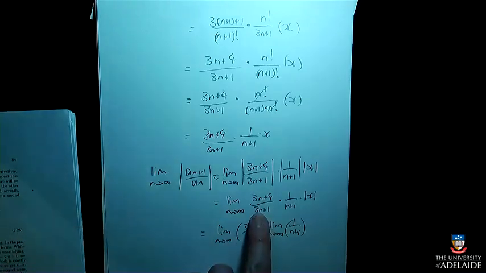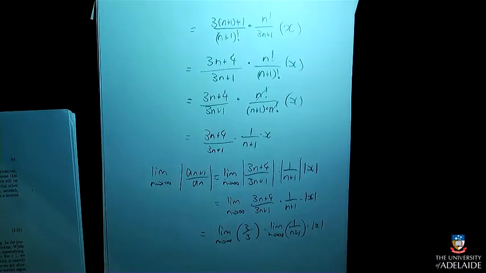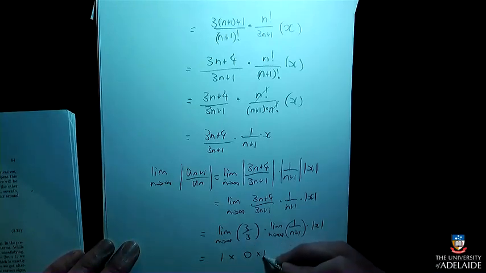And the absolute value of x is just a number. It doesn't involve n at all, and so I don't need to take the limit of that bit. And so I get 1 times 0, and so I get 0.